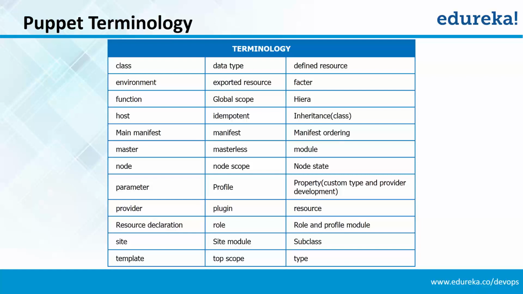Then we have an exported resource, which is basically a resource which can be used by anything else. Facter is the tool there, and a whole bunch of terminology here. Master typically means the master node itself. Then we have manifest, which you are seeing here.